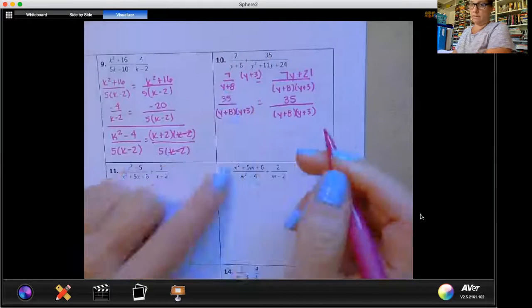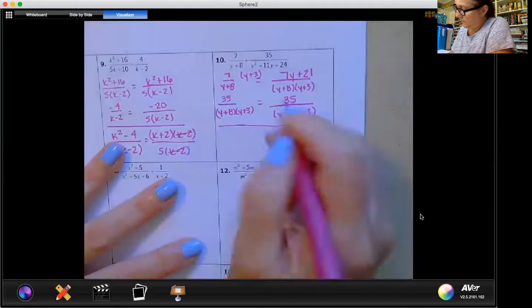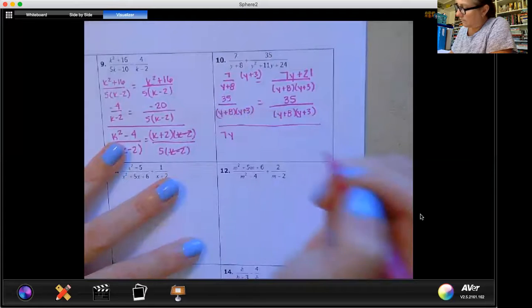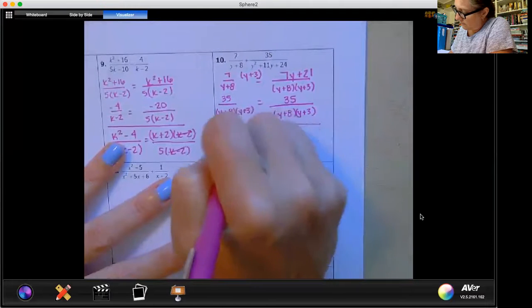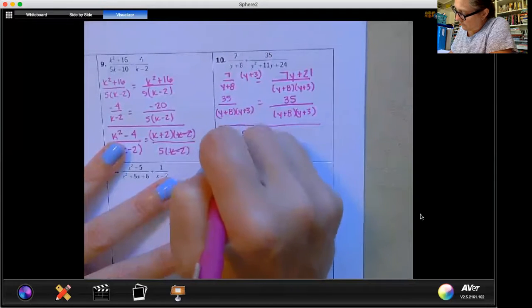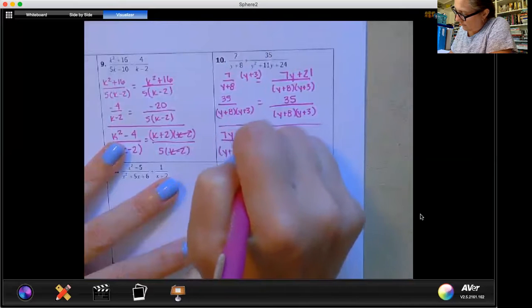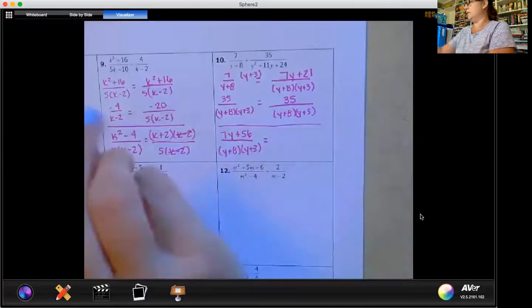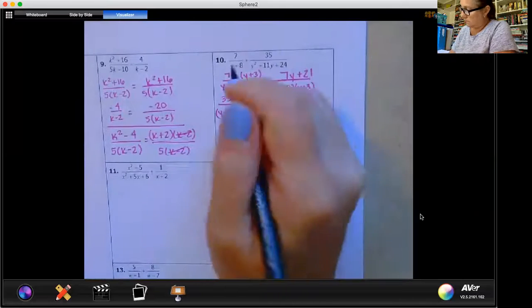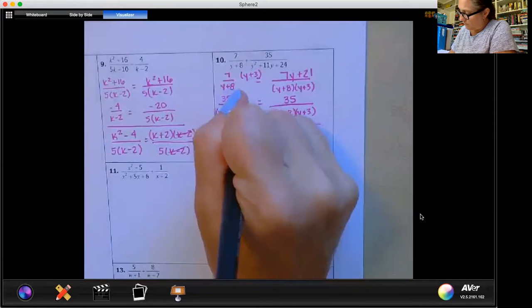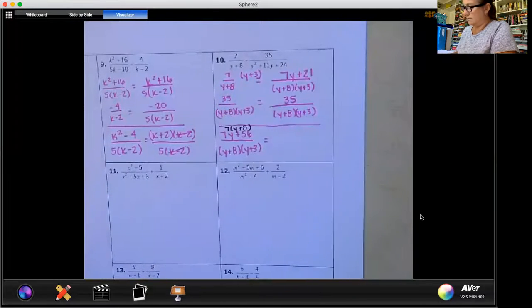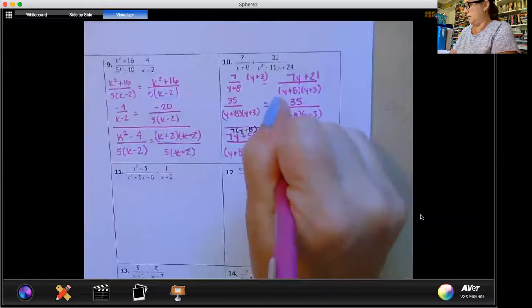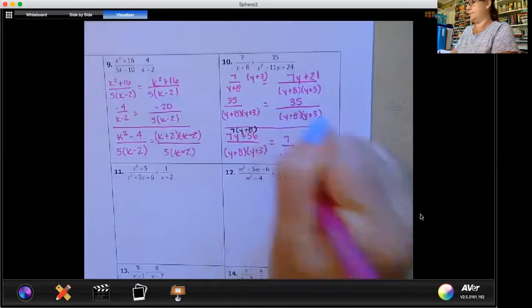Combine like terms in the numerator. And then simplify. So this is 7 times y plus 8. I'm just going to write that. 7 times y plus 8. So the y plus 8's cancel. You have 7 over y plus 3.